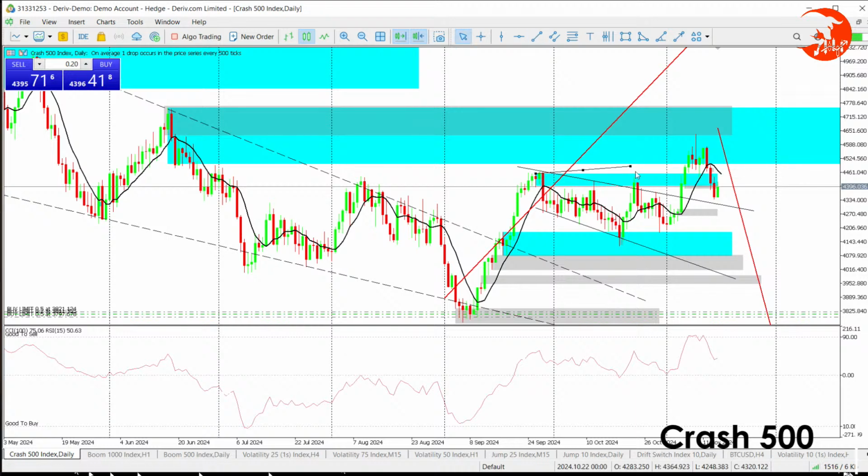According to daily, we actually saw a change of character around that area there. There was a change of character around that level on the daily time frame.